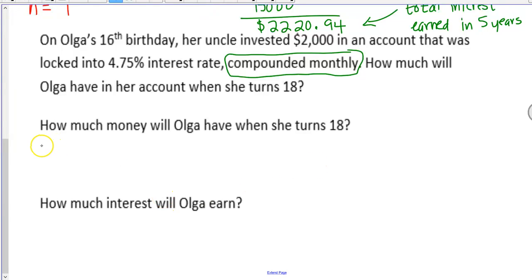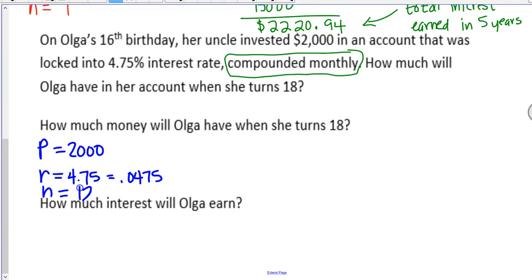So we're going to start with P, $2,000. R, 4.75, so I'm going to change that, 0.0475. N, since it is compounded monthly, that means N is 12. And then T, she was 16, she's now 18, so T will be 2 because it's 2 years.